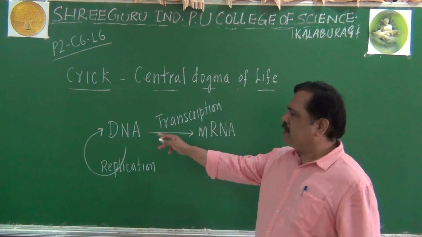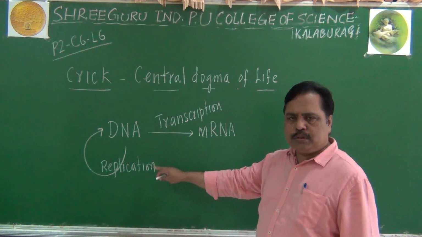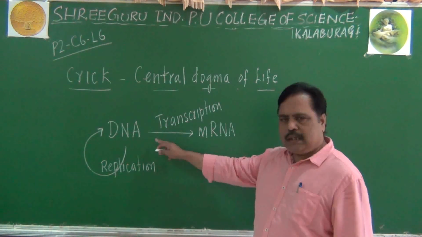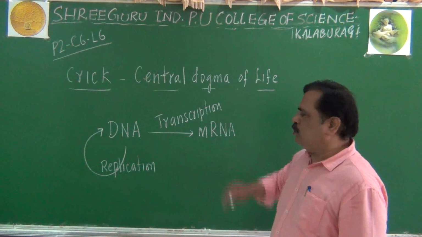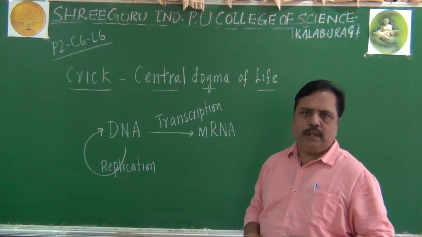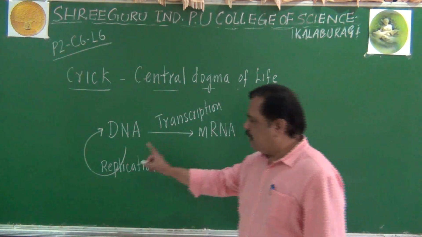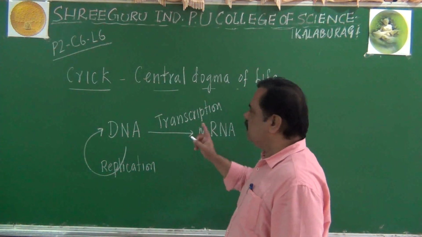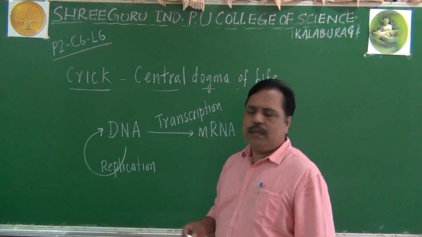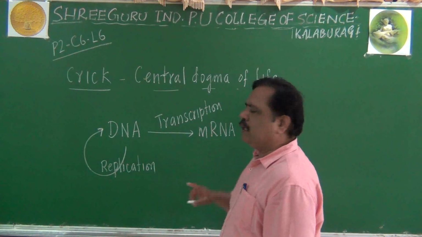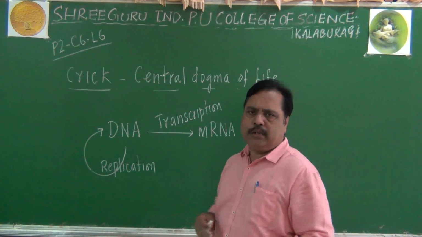So DNA is able to produce its own copy as well as RNA. It has a dual function: it can undergo replication as well as transcription. Because of transcription, we are getting the mRNA or RNA molecule.